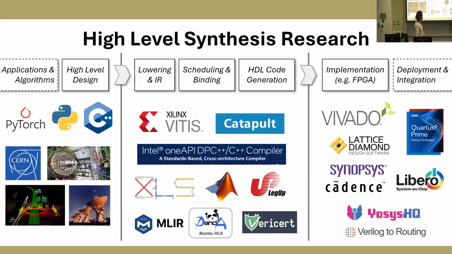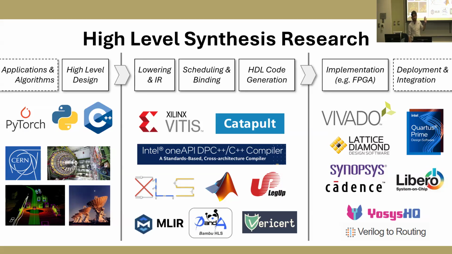So high level synthesis research is very multifaceted. At the high level, above the actual high level synthesis tool, you have your application and your algorithms that really focus in on high level synthesis. So a lot of work is like, we have a PyTorch model. Can we lower it to FPGA using some kind of HLS, right? And there's a lot of algorithm and application side there. Then you actually have the compiler, the HLS compiler. That's where you get into compiler and PL research. Like, how do you do HLS?